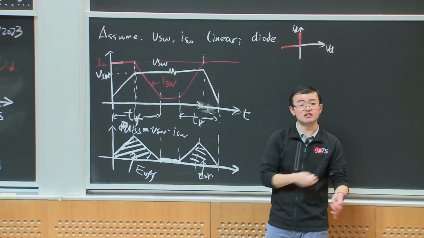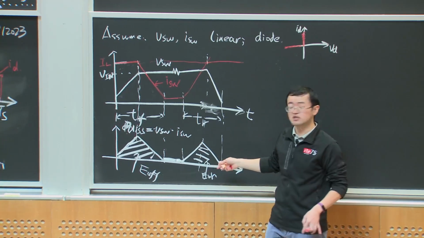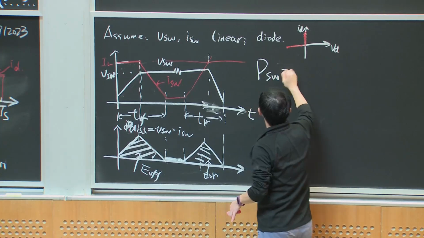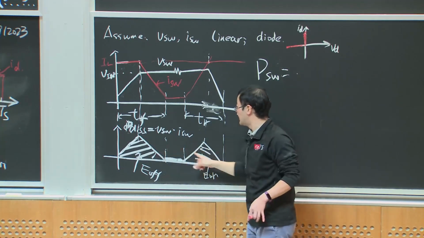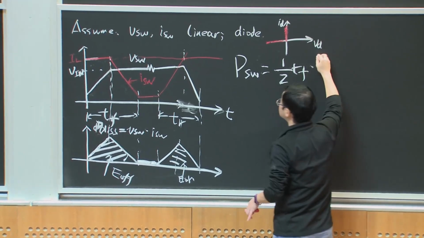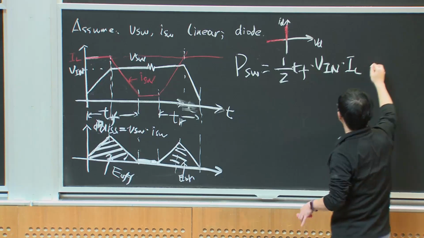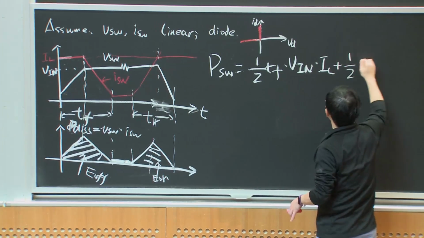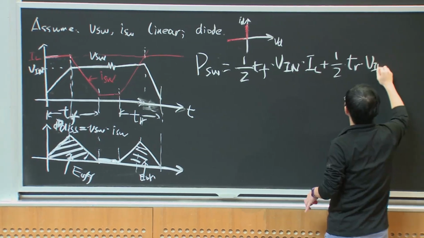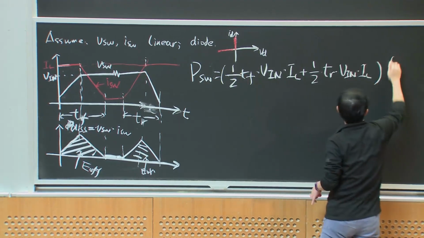And as we said, our power converters switch frequently. There's a switching frequency definition. So when we think about the switching loss, that will be this triangular area, which is half T_f times V_in times I_L, the turn off energy, plus the turn on energy, which is T_r times the peak value, V_in times I_L, all multiplied by the switching frequency.